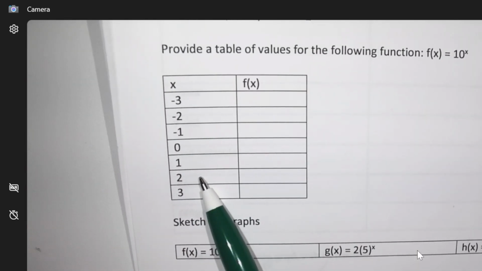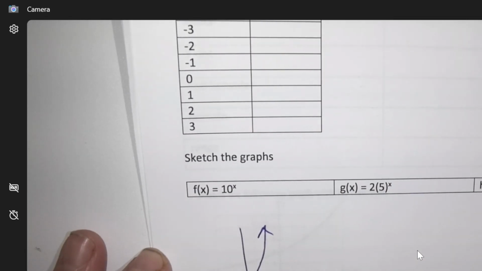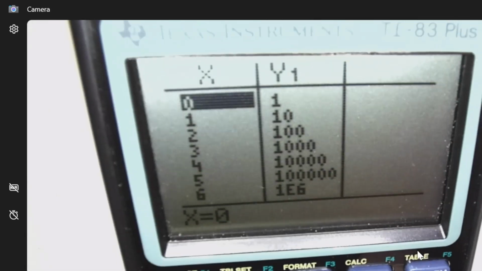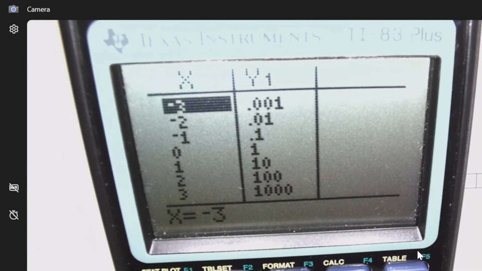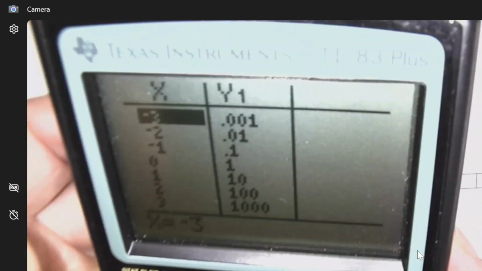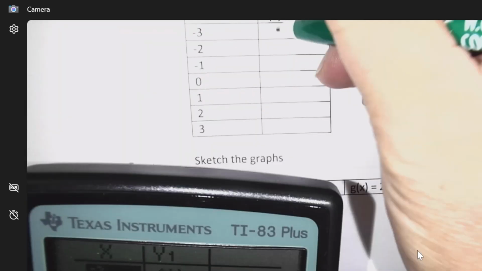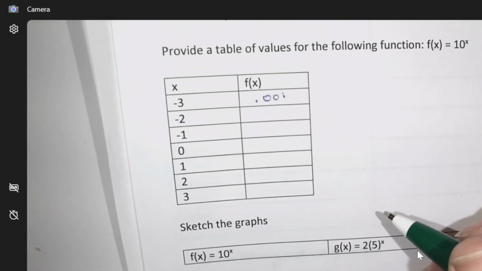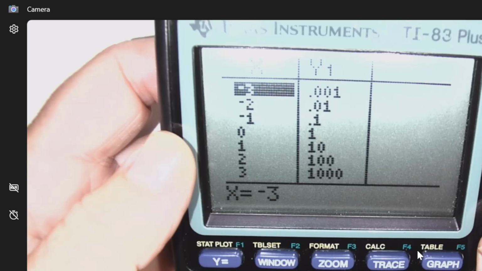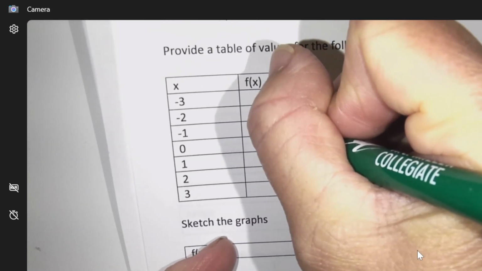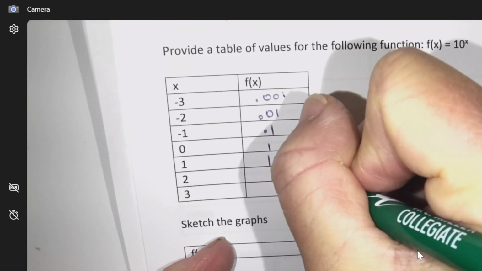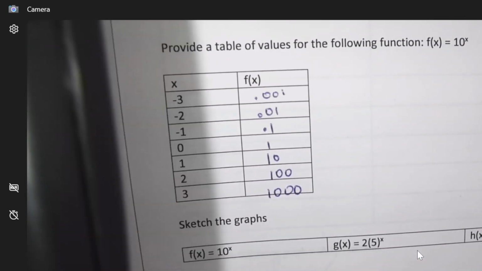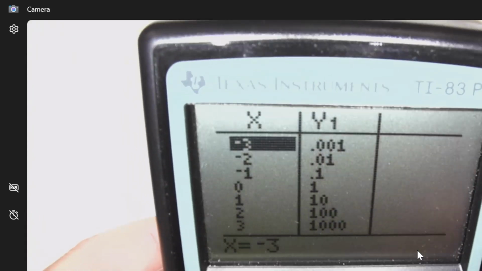Let's go back to this, and we're going to write down the numbers that are actually on this curve. So can you go to the table? Second graph, so the table. So when I had a -3, are you guys at 0.001? -2 is 0.01. Okay, so you would go to here.